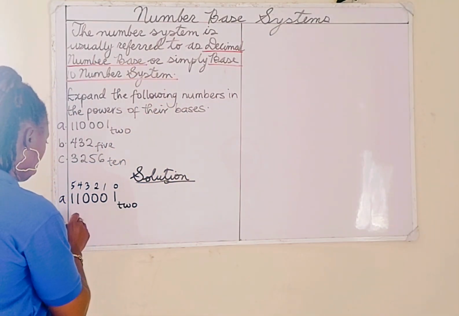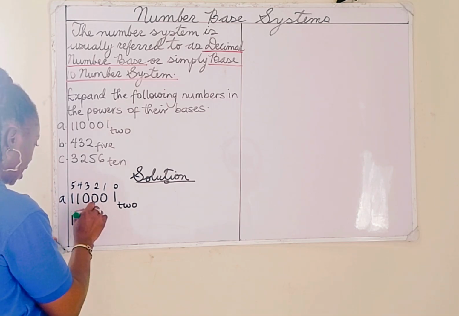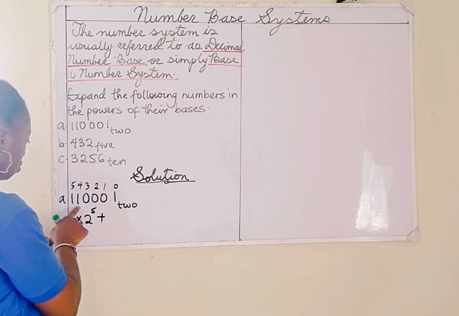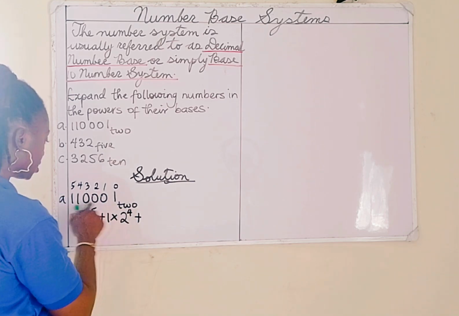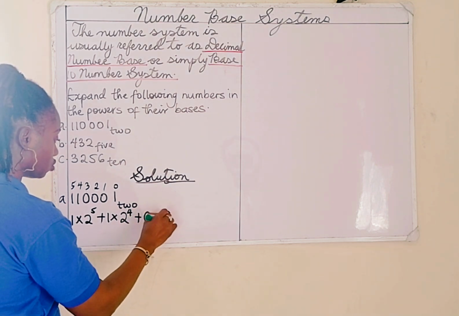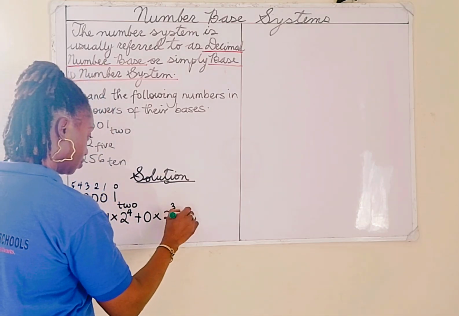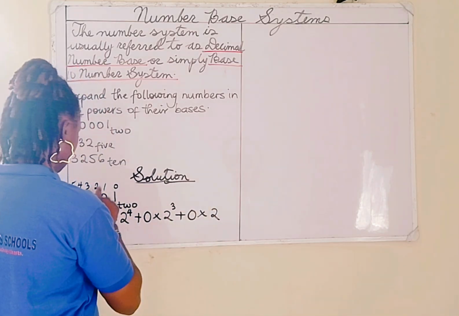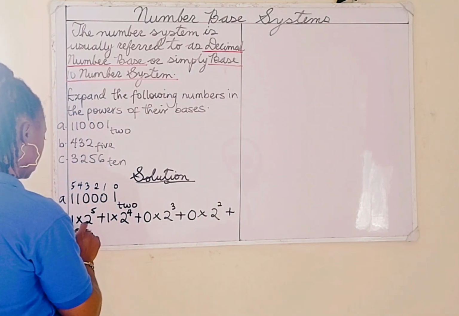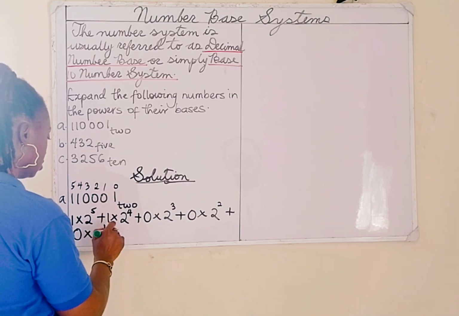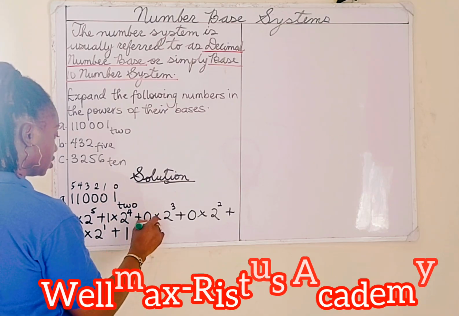So we're going to have 1 times the base 2 raised to the power of 5, plus 1 times 2 raised to the power of 4, plus 0 times 2 raised to the power of 3, plus 0 again times 2 raised to the power of 2, plus the third 0 times 2 raised to the power of 1, plus 1 times 2 raised to the power of 0.